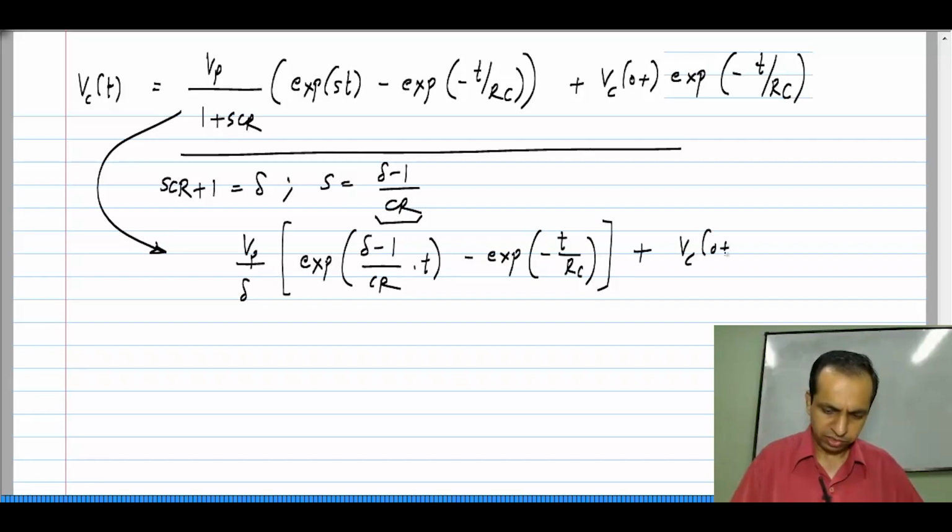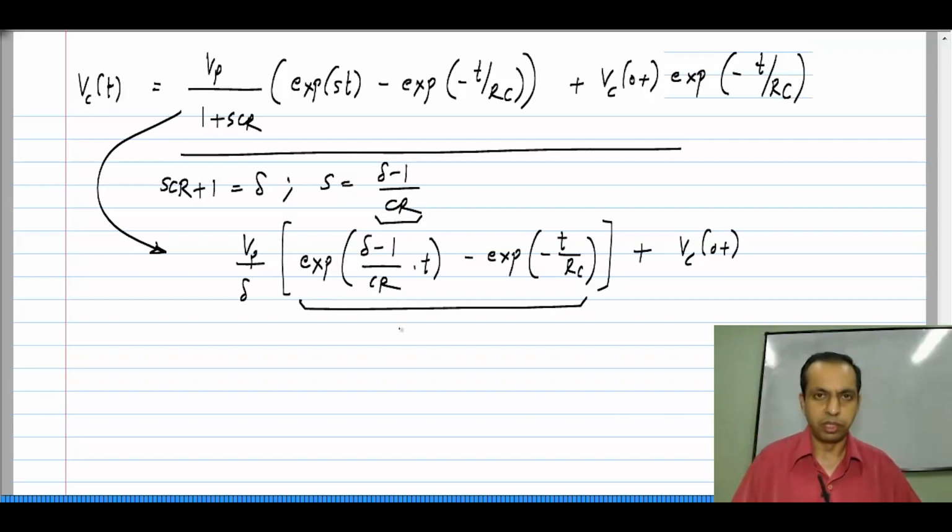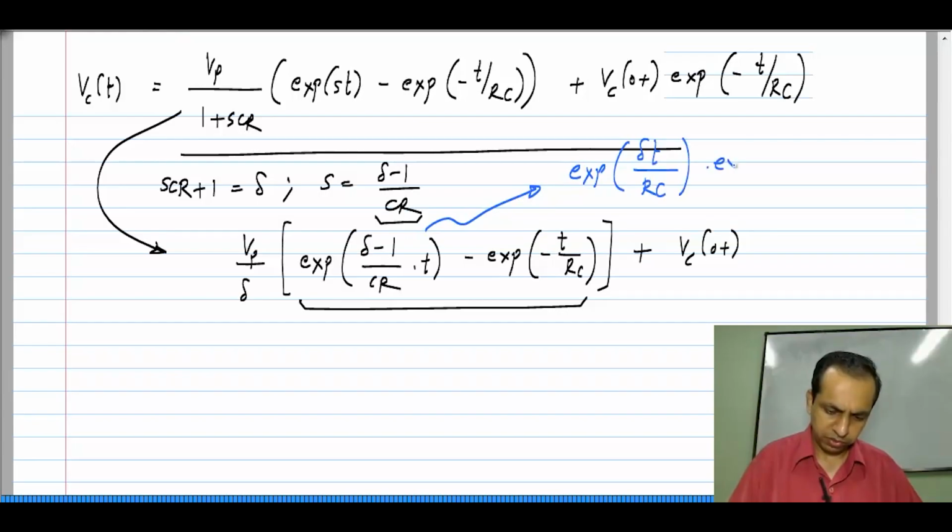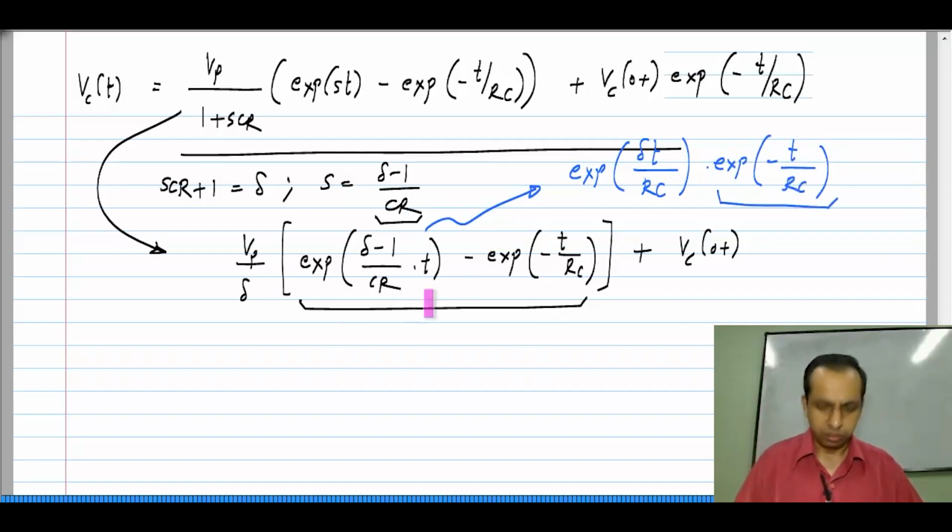plus Vc of 0 plus, and this can be rewritten as, you observe that this is nothing but exponential delta t by Rc times exponential minus t by Rc. So, I will take this exponential minus t by Rc, which is common to this term and that term, outside.